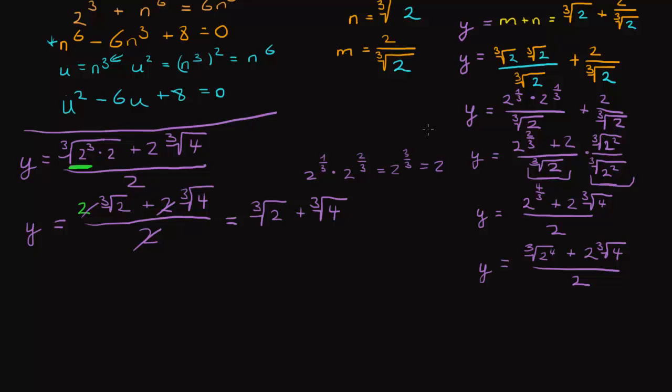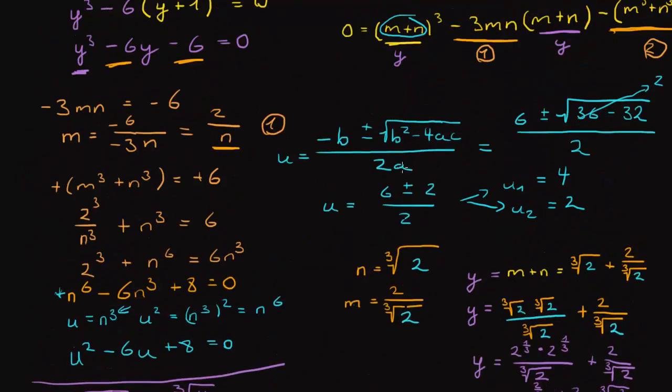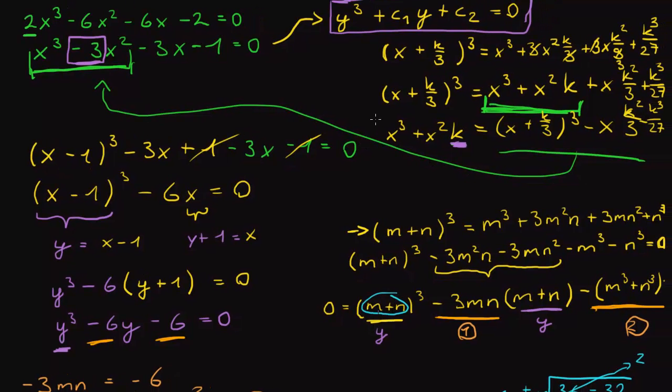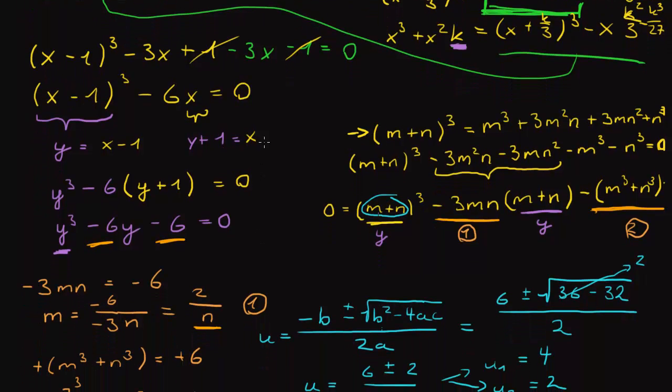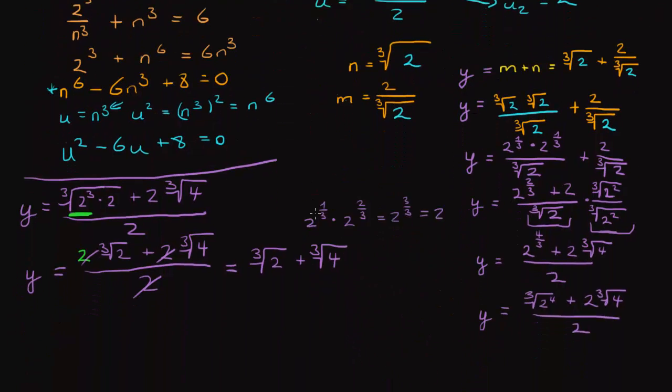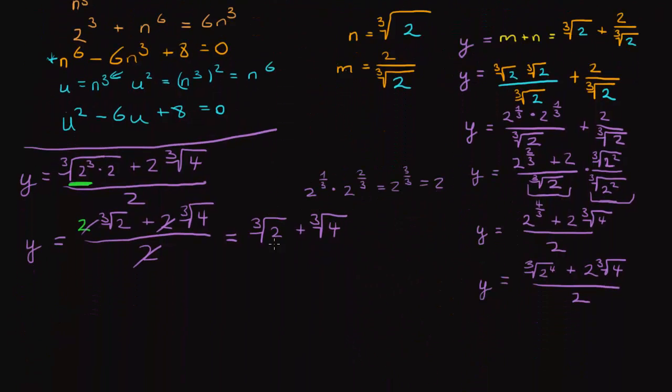Now we're not done yet, because we wanted to solve for x, right? If we go all the way up, we had an equation where we wanted to solve for x. So what is x? X is equal to y plus 1. Well, this should be fairly simple. We have our y, so let's switch to yellow again. X is equal to y plus 1. That's what we defined it as.